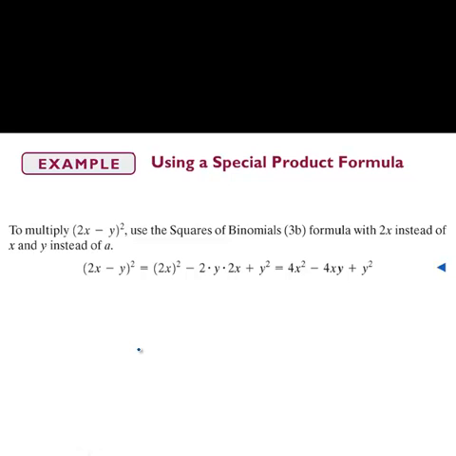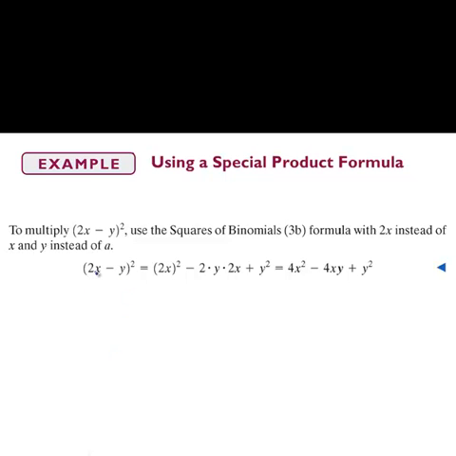But working with and doing operations on these polynomials with more than one variable is just like what we've been doing already, except you have 2 variables instead of just 1. But you treat the variables just like numbers. So for example, you have 2x minus y squared, well, you FOIL it out. You use that formula for the square of a binomial.